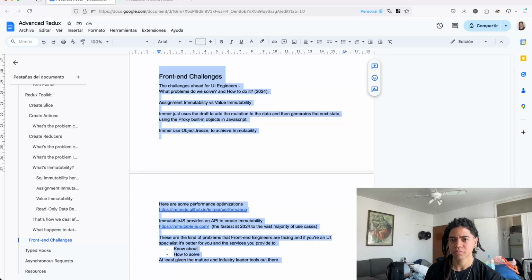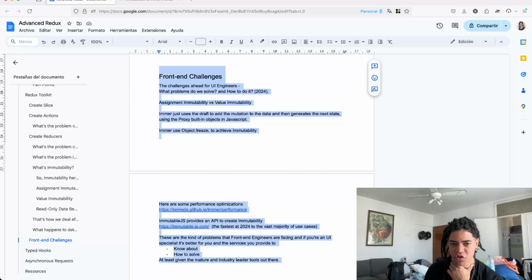Exactly. These functions create that new state by actually mutating a draft object in another JavaScript syntax, and then generate that.